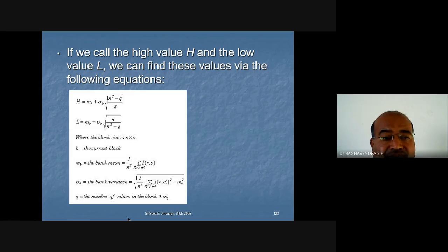If we call the high level value H, the capital H will be considered as the high level value, and capital L will be declared as the low level value, and we can find out the following equations. These are the formulas through which we can find out the H. H means, anybody?